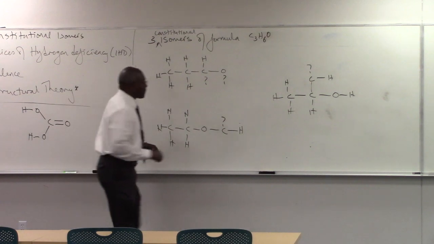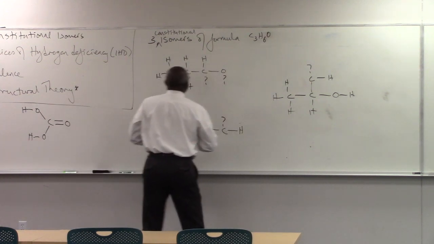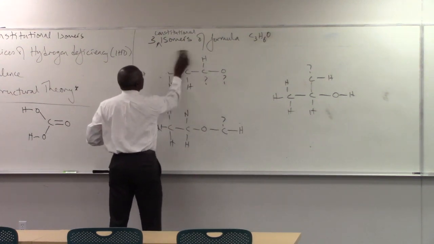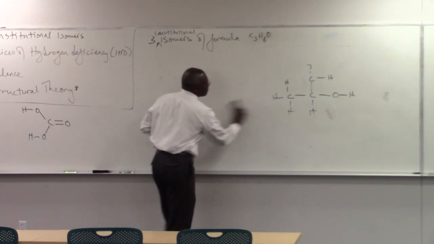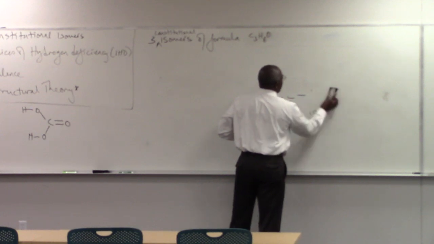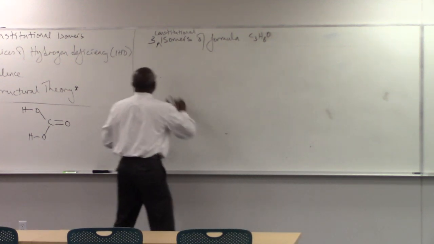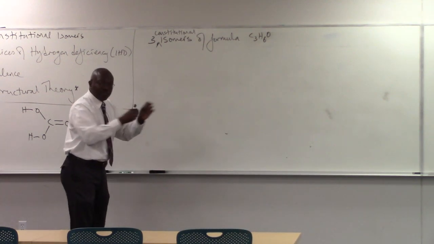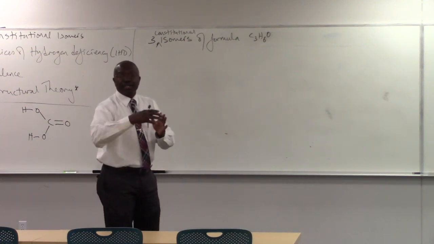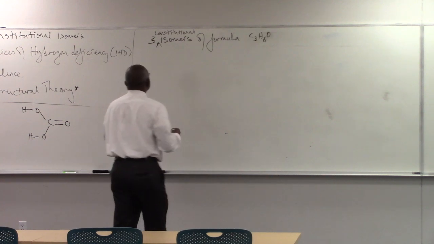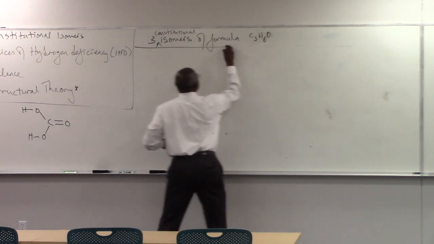I'll come back to this example in a second. So my point is, you never want to just jump in and start drawing. Once you have a formula, don't just jump in and start drawing stuff. Okay? There is something to work out first before you do that.